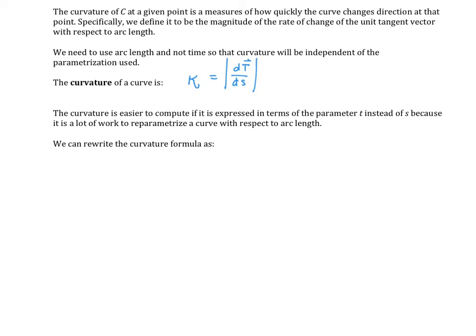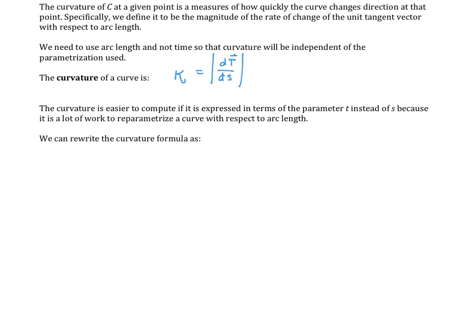Keep in mind that dT/ds came about because we took the derivative of the unit tangent vector with respect to time, divided by the derivative of the arc length with respect to time, and that's how we reparameterize this.